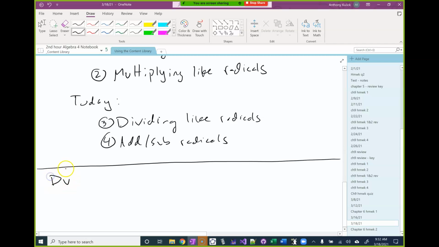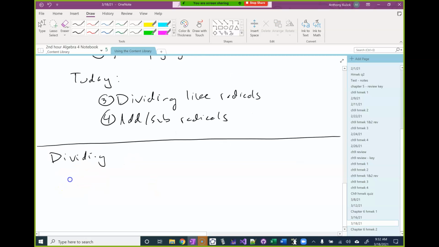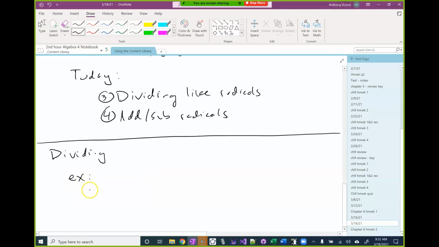So dividing is what we're going to do here. Let's say we have the square root of 6 divided by the square root of 2. If these are the same kind of radical, in this case they're both square roots, do this.